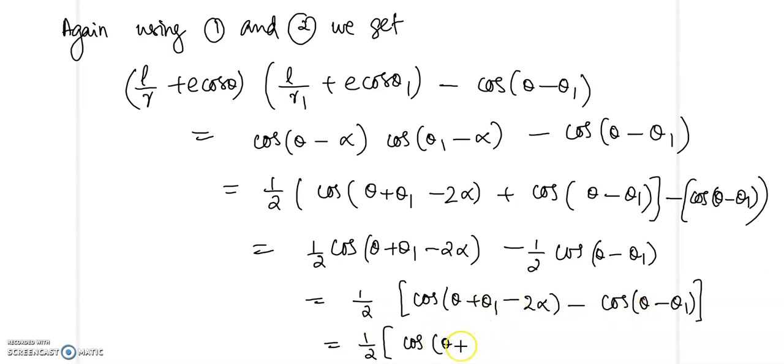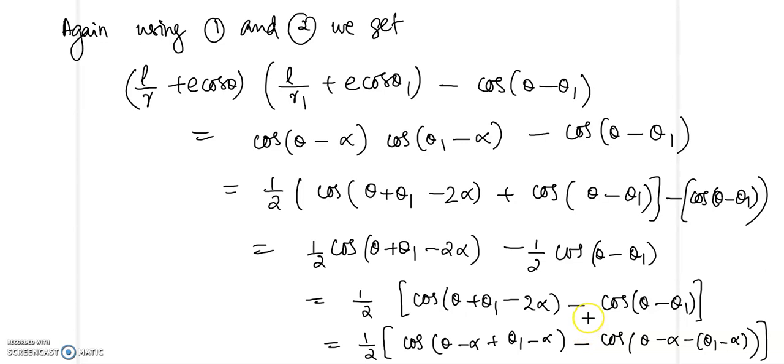Therefore we can write it as cos((θ−α)+(θ1−α)) minus cos((θ−α)−(θ1−α)). So this is in the form 1/2 [cos(A+B) − cos(A−B)].